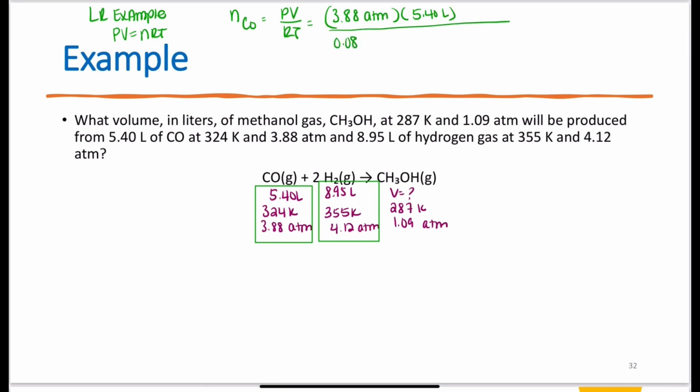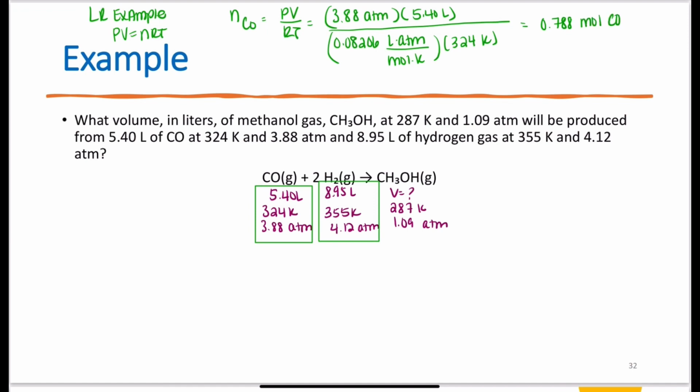My gas constant is 0.08206 liter atmosphere per mole K, and my temperature is 324 Kelvin. I calculate that out and I get 0.788 moles of carbon monoxide.